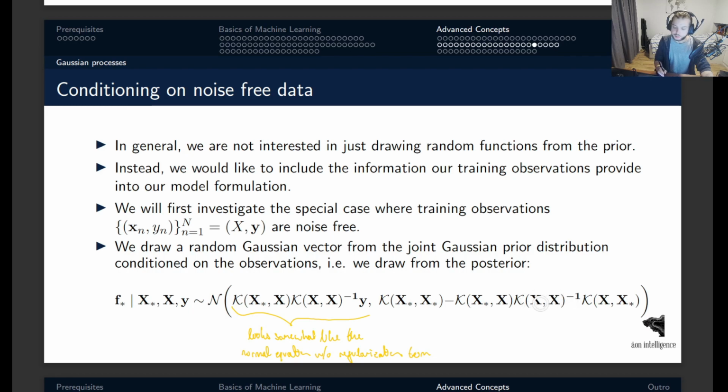So it's the inverse of the kernel matrix of our data. So that's essentially the information that we gain by having a training data set. And we have these two connecting vectors that transform this information into the right dimensionality so that we can subtract it from the uncertainty associated with the test observations.